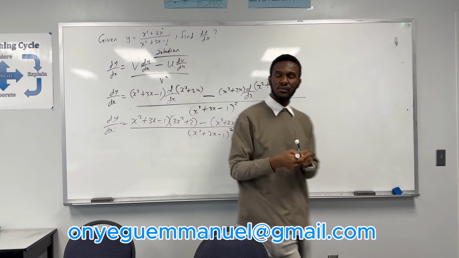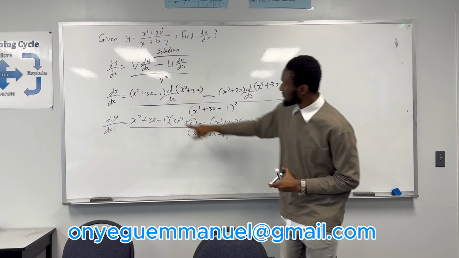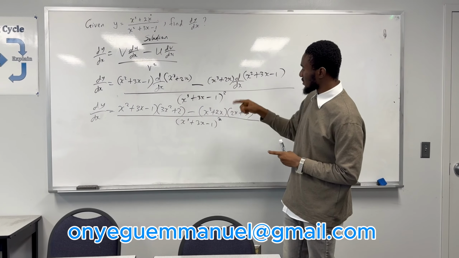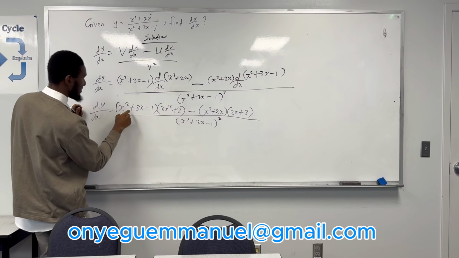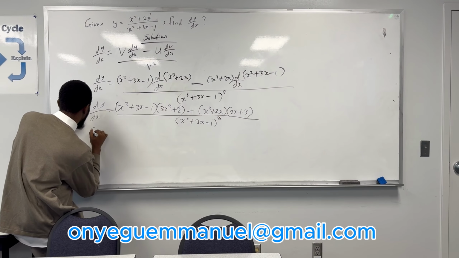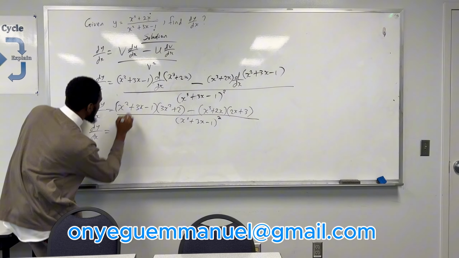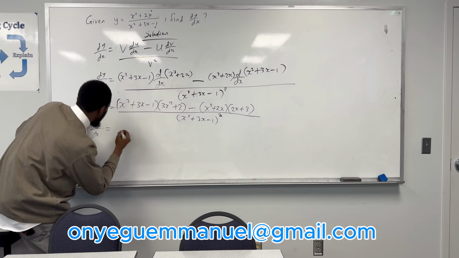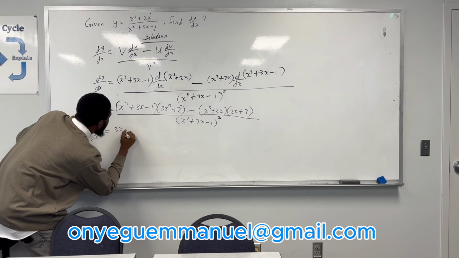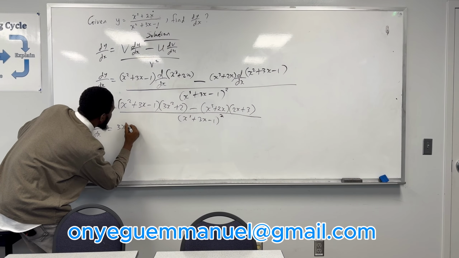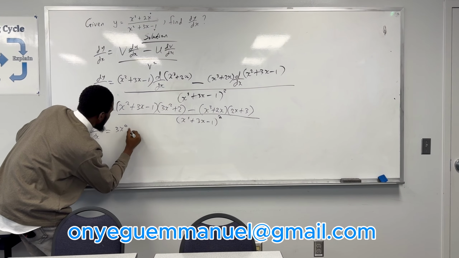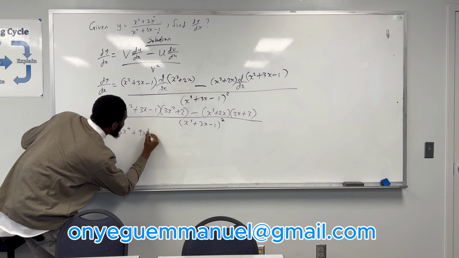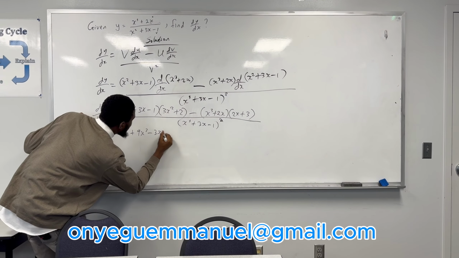So what do we do next? You break this down. That means you open up the brackets, multiplying each term by the other. So we have that our dy/dx is equal to 3x to the power 4 plus 9x to the power 3 minus 3x to the power 2.